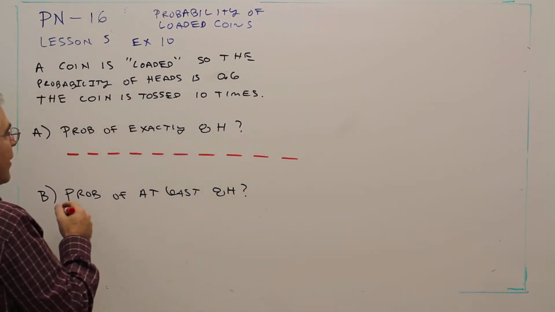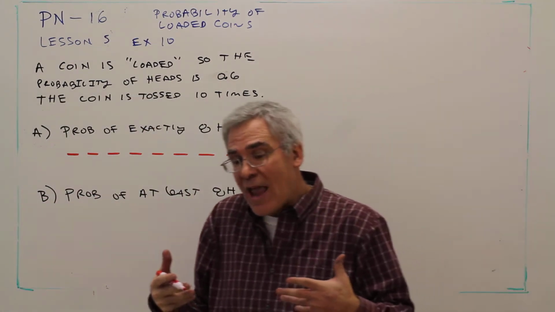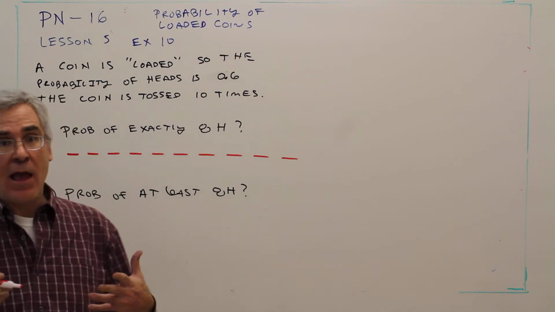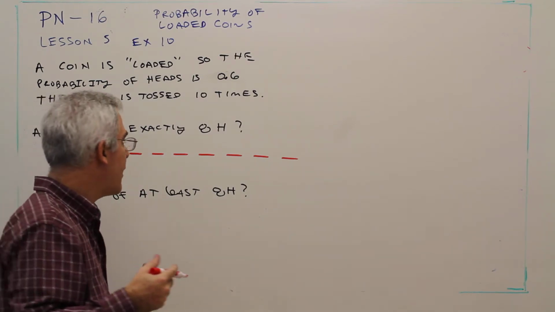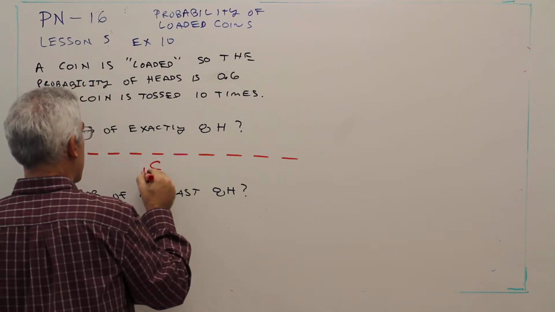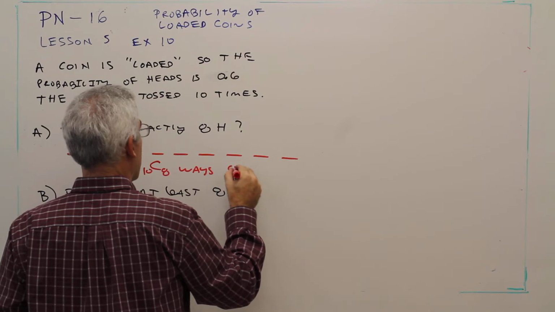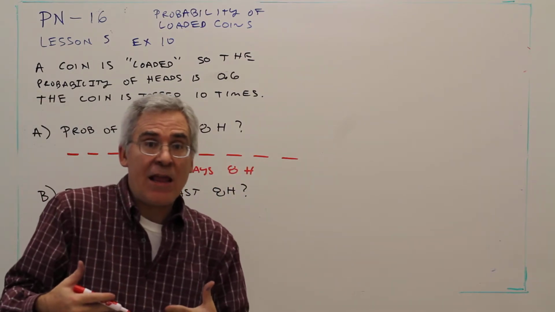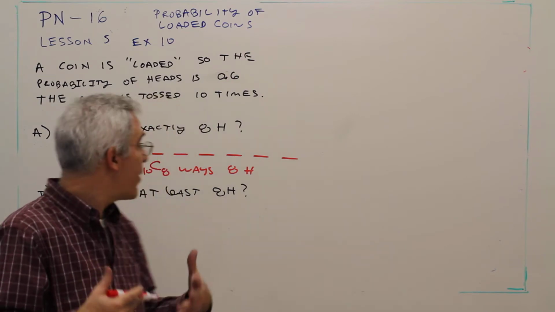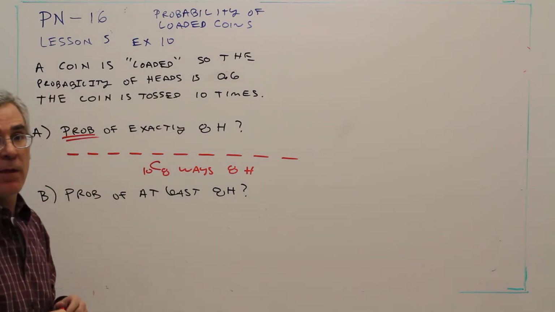So again, I've got 10 slots and I'd like to choose 8 of them to be heads. 10 choose 8. So there's 10 choose 8 ways of obtaining 8 heads. But it didn't ask the number of ways, it wanted the probability.